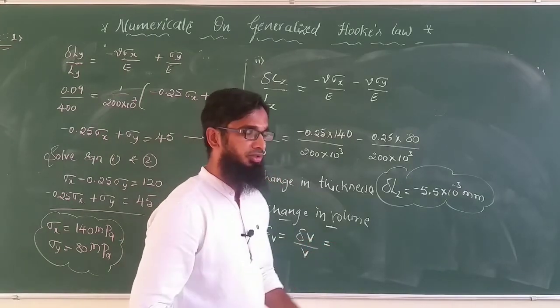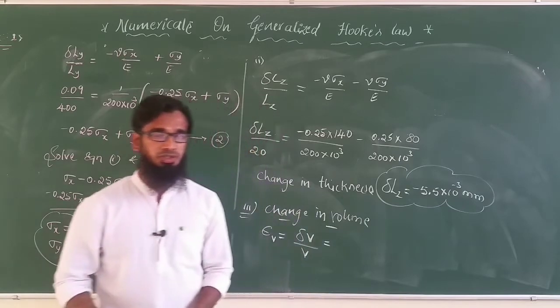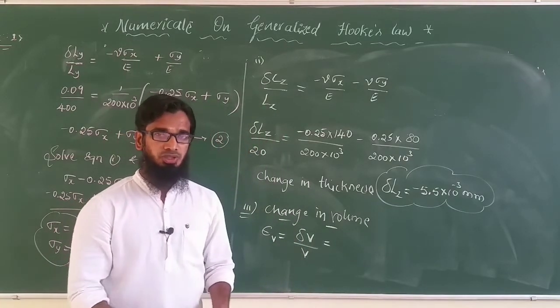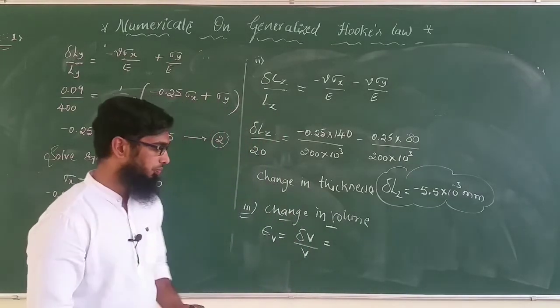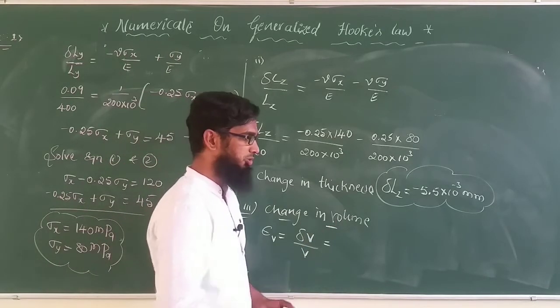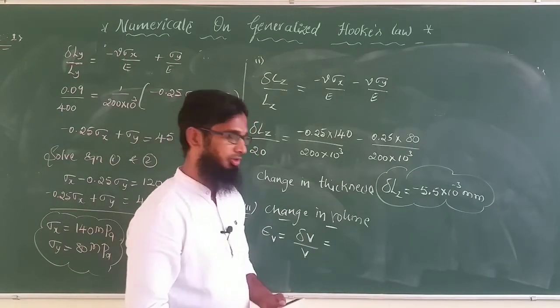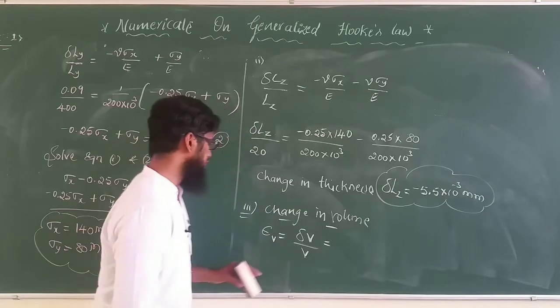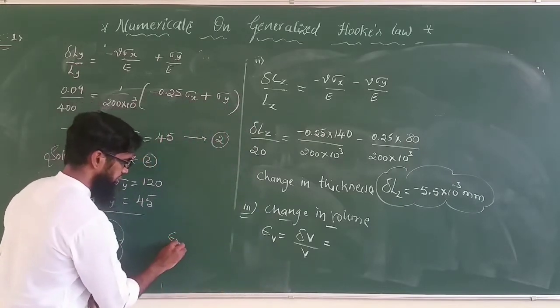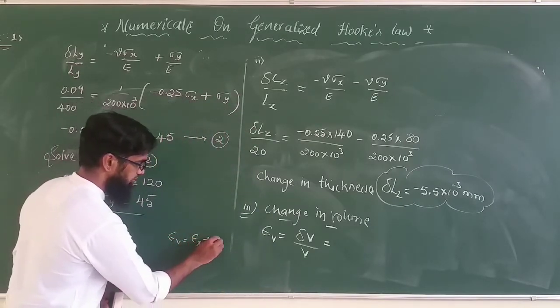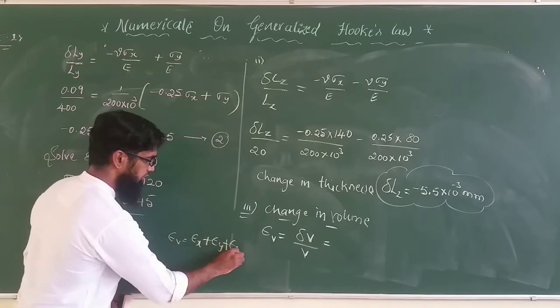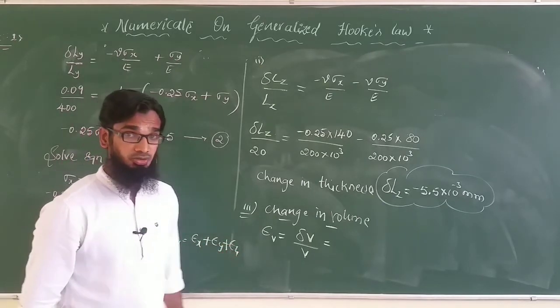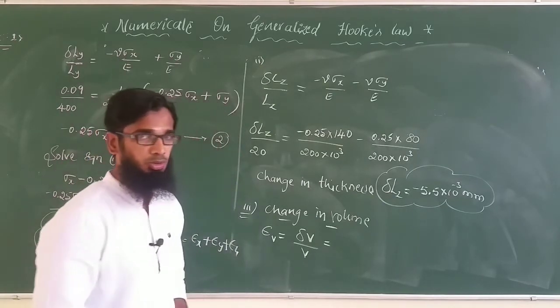Since the problem is a 3-dimensional case, by using the generalized Hooke's law we need to find it out. Because we know that epsilon v is equal to epsilon x plus epsilon y plus epsilon z for a rectangular bar cross section, already we have done. That is the volumetric strain.